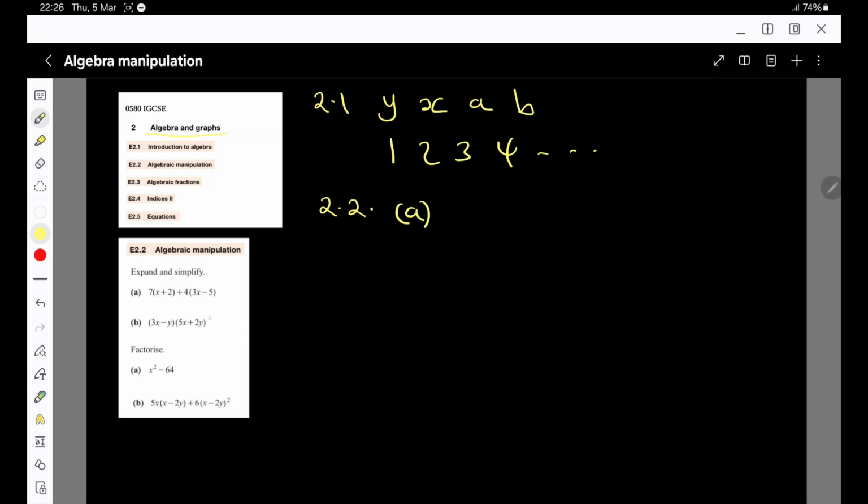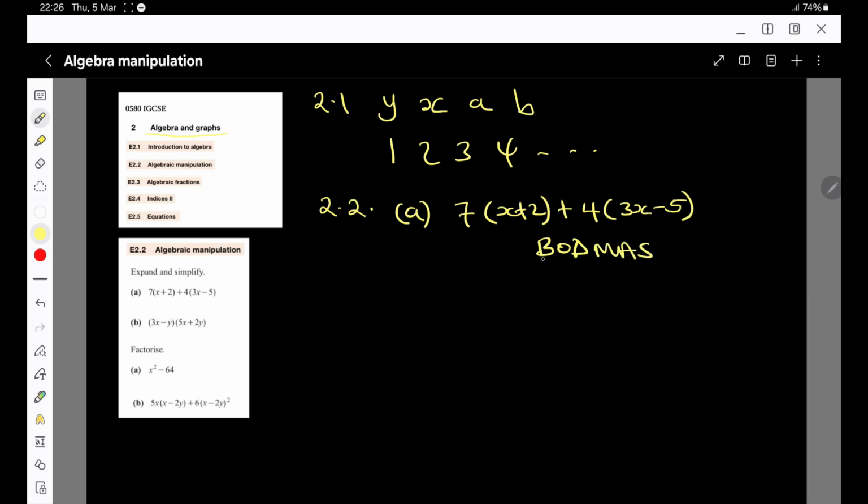So starting with the first one, it says expand and simplify 7 into x plus 2, plus 4 into 3x minus 5. So when you think about expanding, it means you are going to remove these brackets. If you remember BODMAS, we always start with brackets.